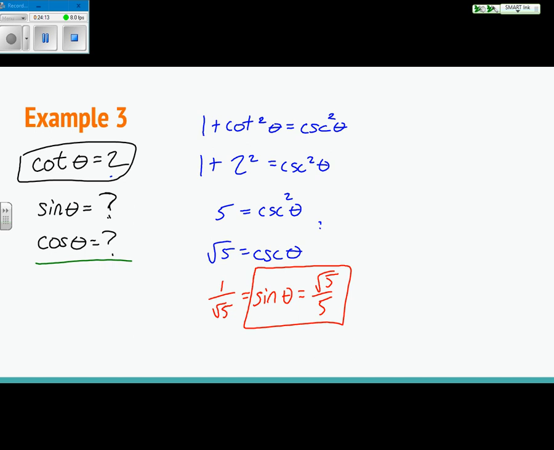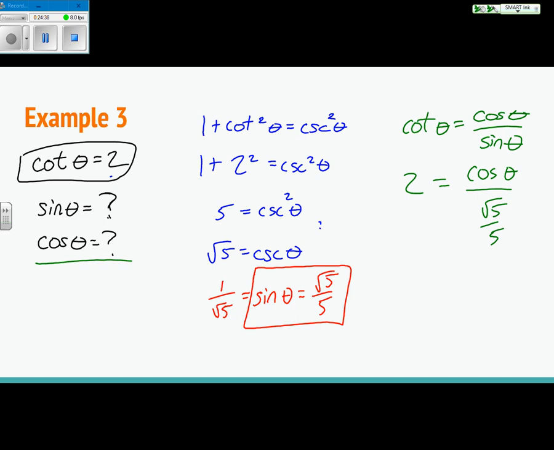All right, the 8th one, right? That's going to be that first one we tried to use. But let's see what happens when we try to go with it now. Cotangent equals cosine over sine. This one's going to be okay to use now because I'm only going to have one unknown. I know cotangent is 2. I'm looking for cosine, and I know that sine is going to be the square root of 5 over 5.